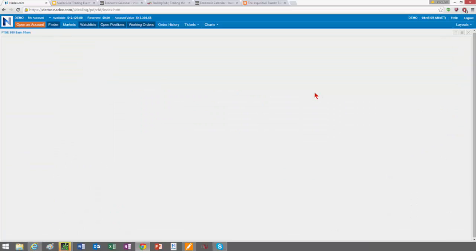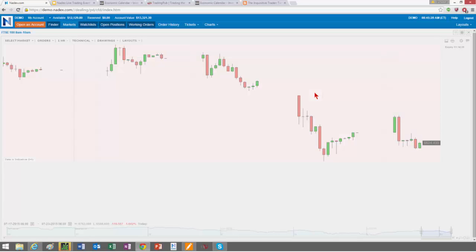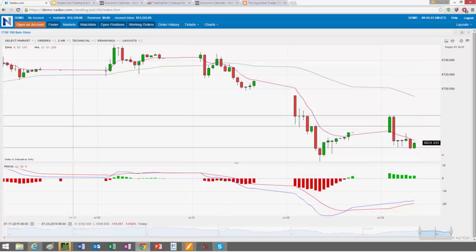The FTSE trades off the 9 to 11 chart, which is not available to me yet. But I still want to take a look at it and see where we are.